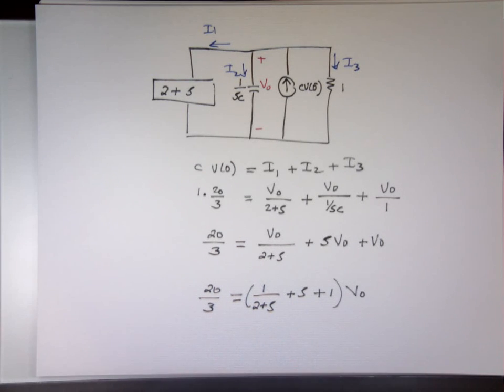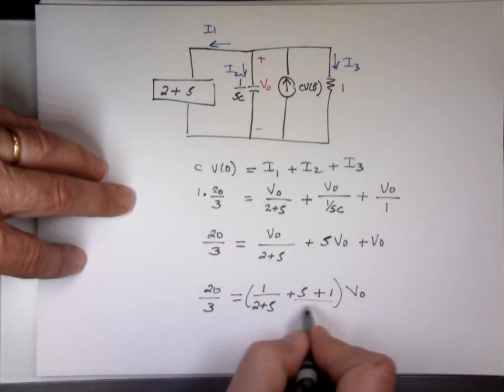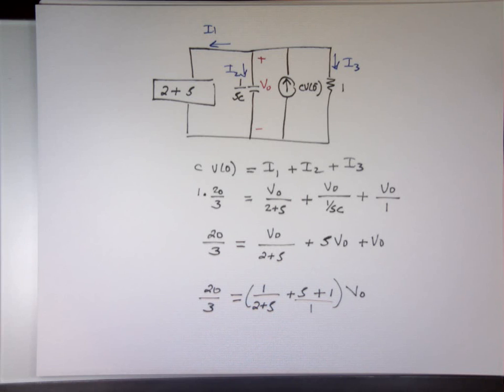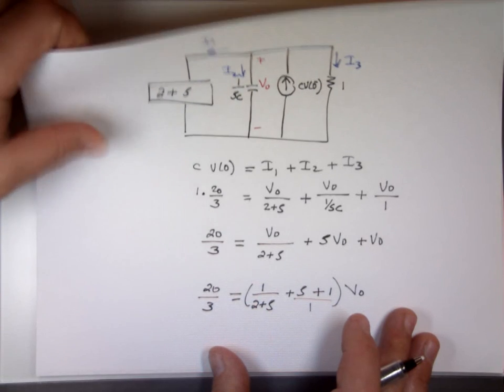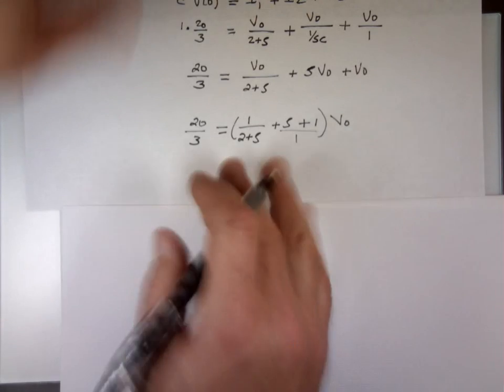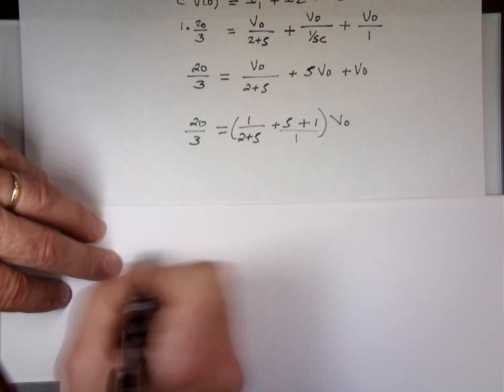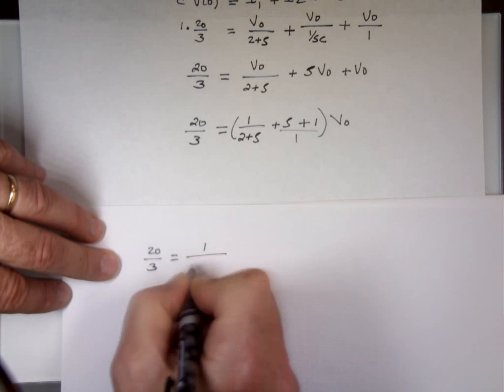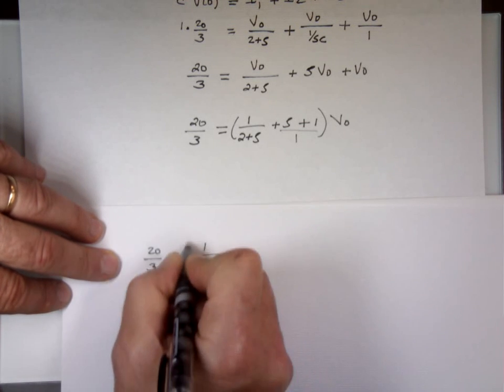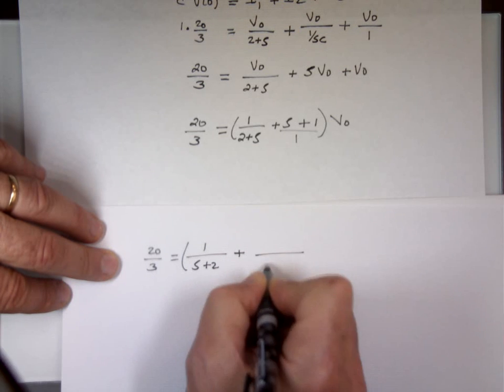Now if you want to find the LCD, you can make this over 1 and find your LCD, make it look a little bit nicer. I don't need to use a calculator for that. 1 over 2 plus S, that's the same as 1 over S plus 2. If I put S plus 2 in the bottom of this one, I got to multiply the top by S plus 2.